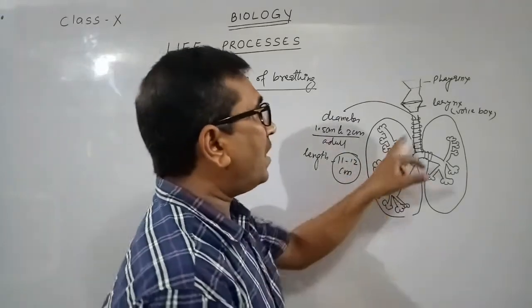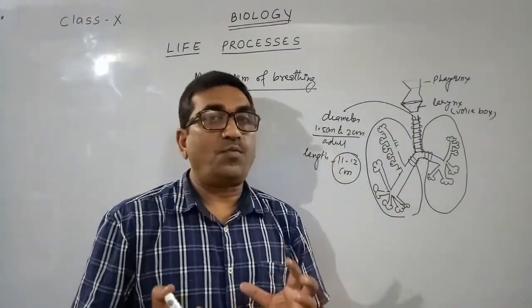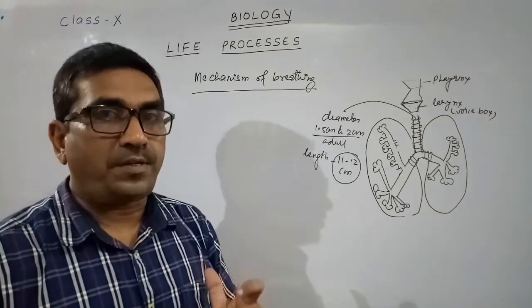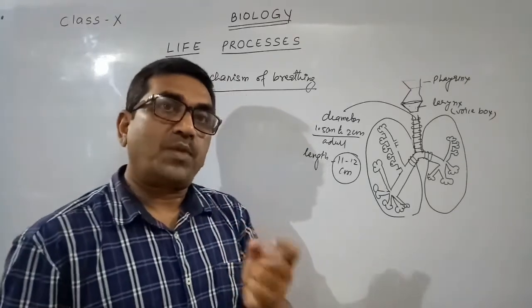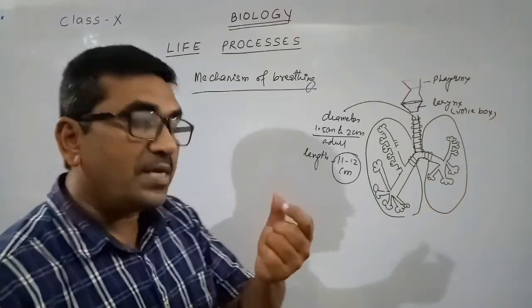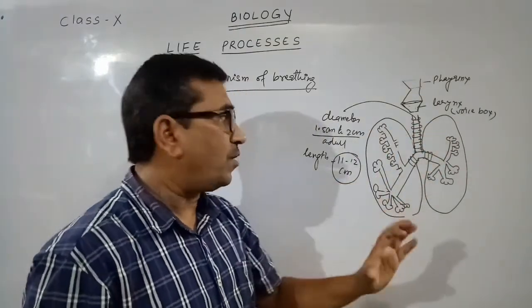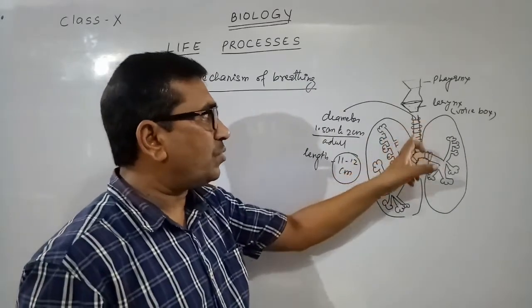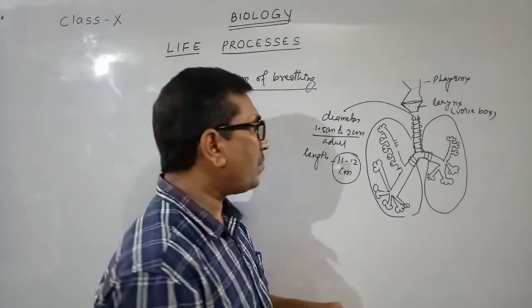It has a cartilage covering which stops the windpipe from collapsing, protecting the parts. Cartilage is a very soft, delicate bone, which protects it from being filled. The length of this part is 11 to 12 centimeters, depending.